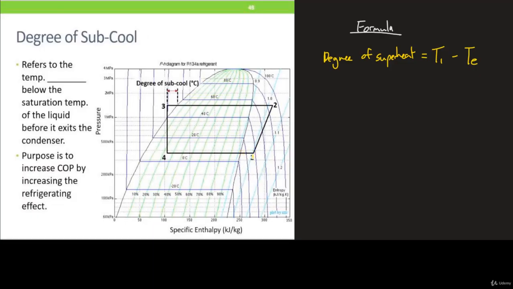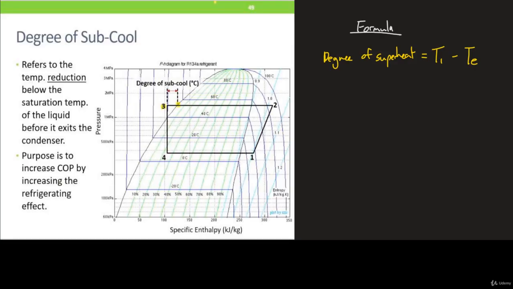Similarly, for the top part, between point 3 and the saturated liquid, let's say you have cooled down the refrigerant and it touches this point where it becomes 100% liquid, you continue to cool it down some more, and it will reach point 3. Again, there's some temperature difference over here. This temperature difference is equal to your degree of subcool.